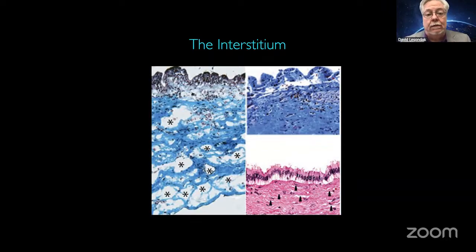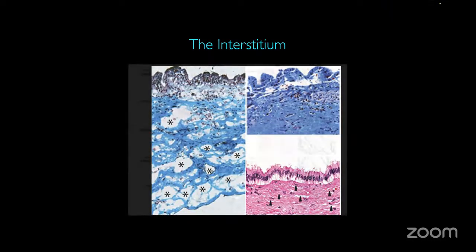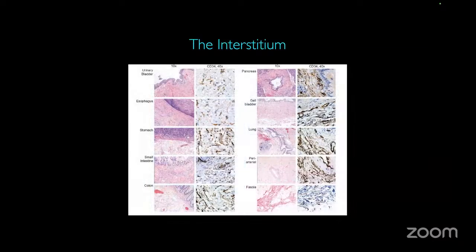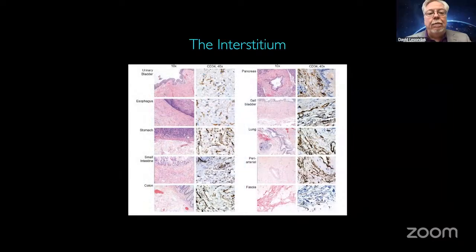It's not. It's a fluid-filled space. And they found it everywhere they looked. The bladder, the pancreas, the esophagus, the lung, the stomach, the colon, the fascia itself. This fluid-filled space, this interstitium, ran everywhere through the body, and it was bordered by collagen.